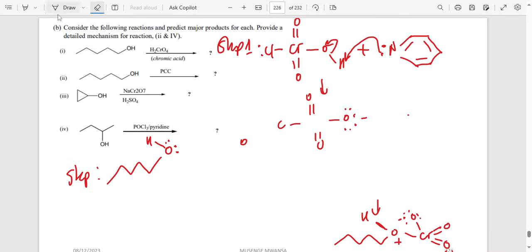Now the next thing that is going to happen is this. This same oxygen which is on here is going to grab this hydrogen, and then this bond will end up breaking, going to this side on the oxygen. So you have this structure.